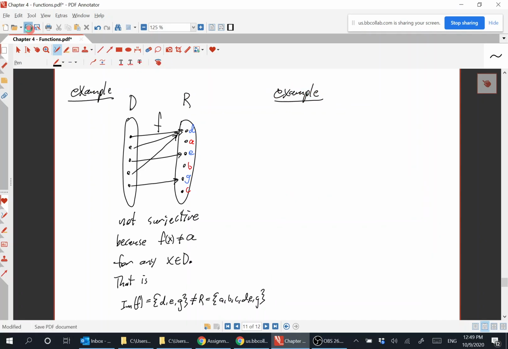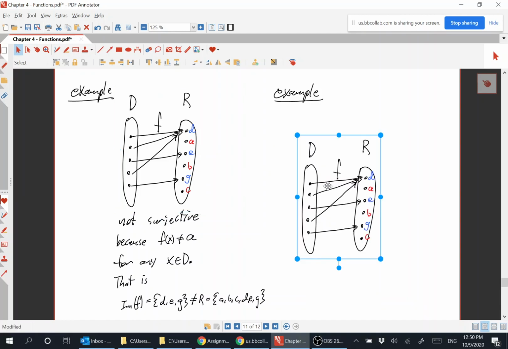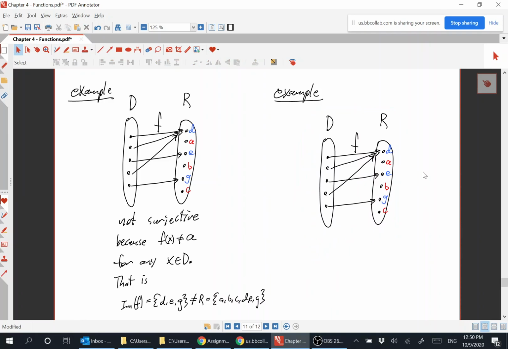Here, if I had a function that looked like this, so if I just didn't have, oops, not the blue ones, the red ones. This function here is surjective. This one is not surjective, this one is surjective.